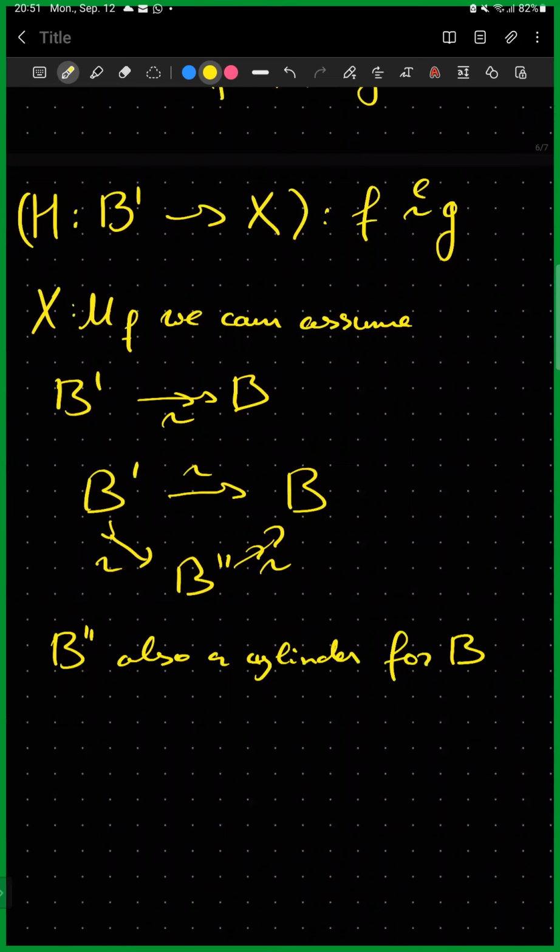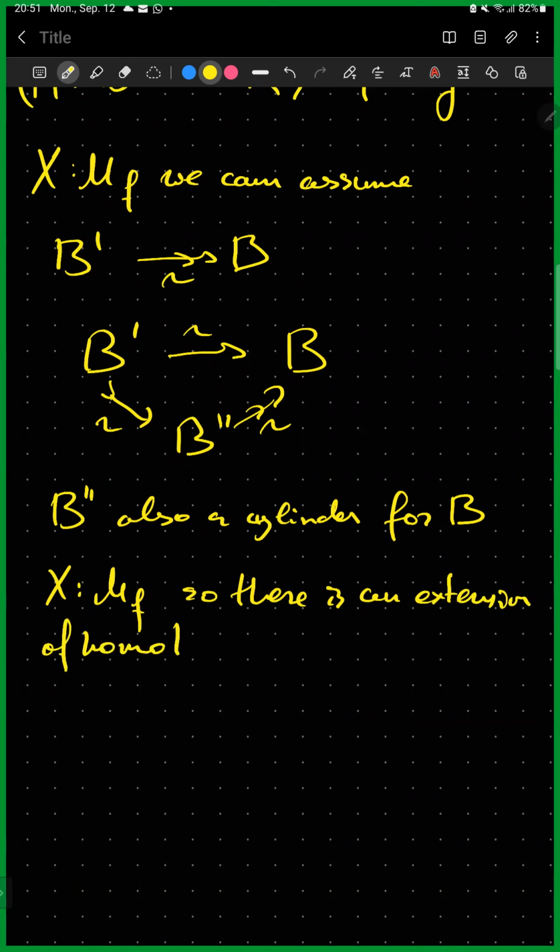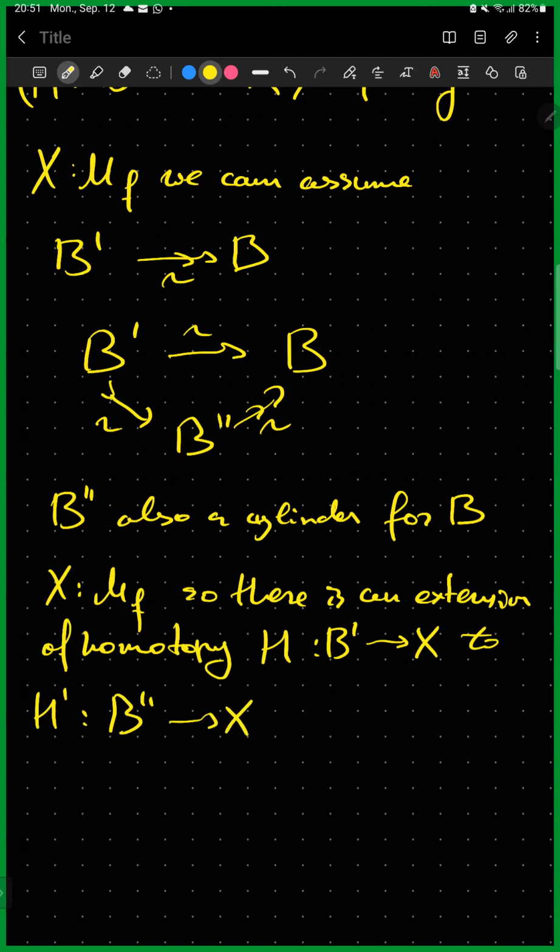And now, since X is fibrant, there is an extension of a homotopy. So there is an extension of the homotopy H from B prime to X to H prime, which goes from B double prime to X. How does this work?